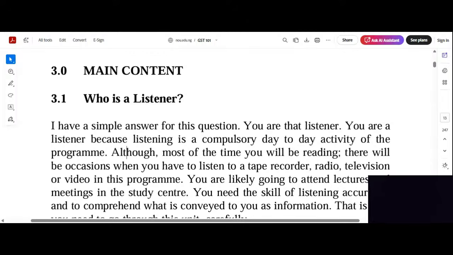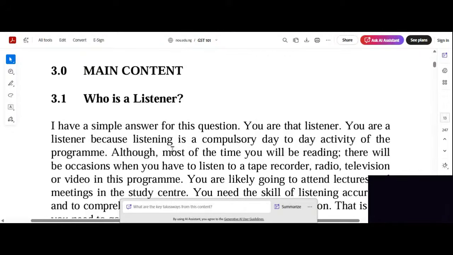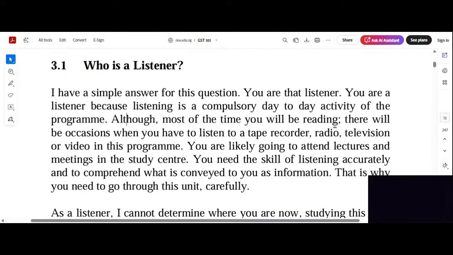In this program, like you are studying mass comm, you are studying computer science, you are studying infotech, you are studying cybersecurity, or anything you're actually studying, listening is what you will do on daily basis. All through your 4 years of study, you will always need to listen. Although most of the time you will be reading too, there will be occasions when you have to listen to a tape recorder, radio, television, or video, and so on in this program.